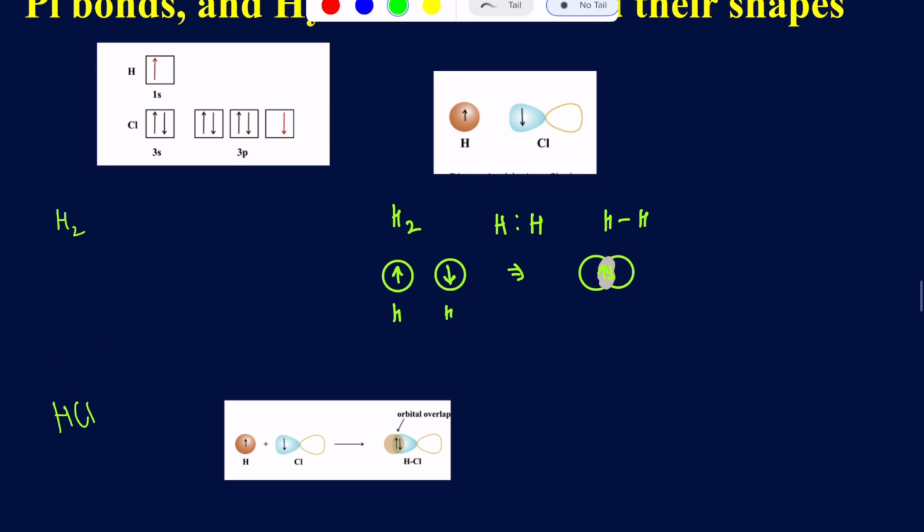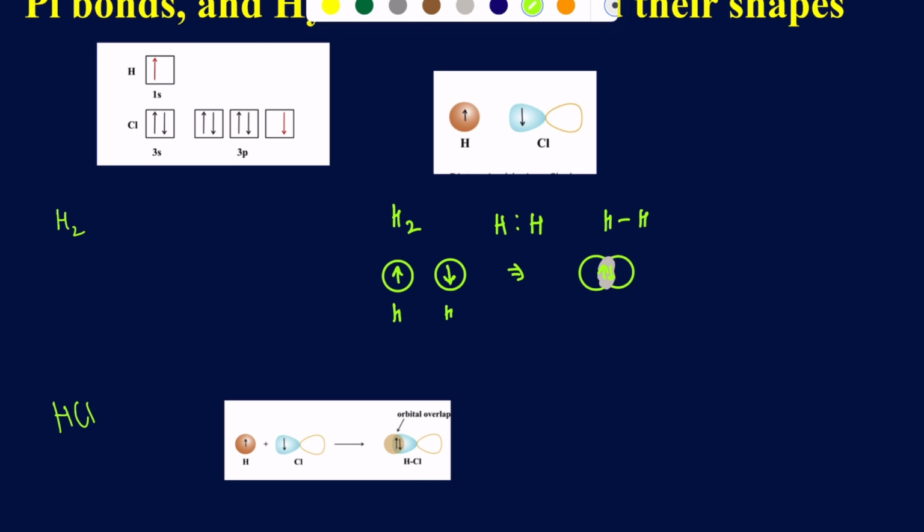Remember, the valence bond theory says you're only going to be overlapping the half-filled orbitals. So I have one half-filled orbital in the 1s of the hydrogen, and one of the 3p orbitals that is half-filled in the chlorine. Those two are going to be overlapping here. When they overlap, you make the bond, and that's how you get HCl.